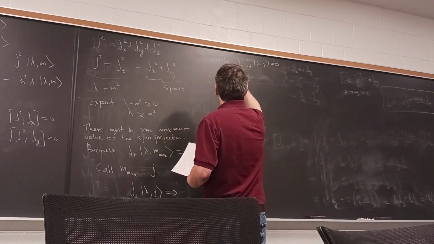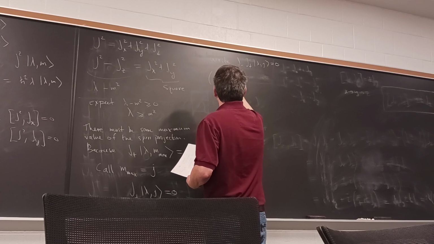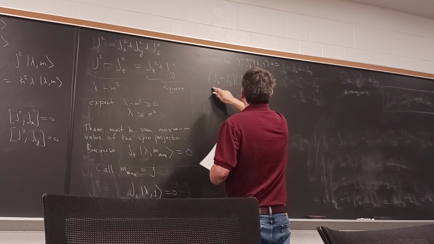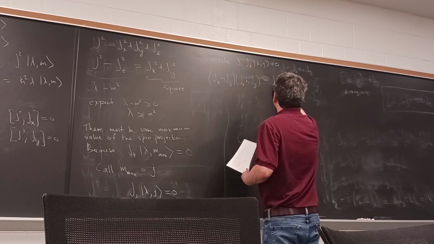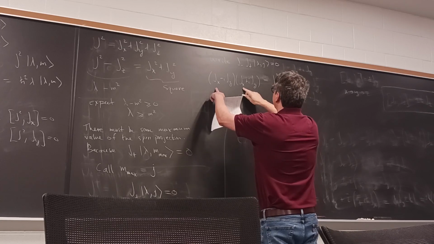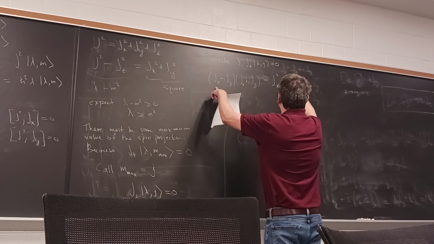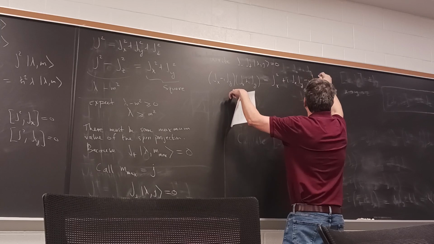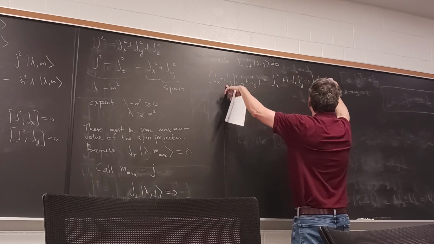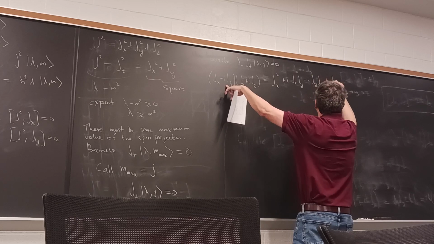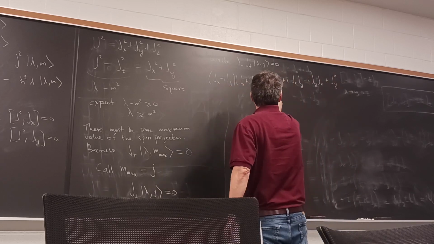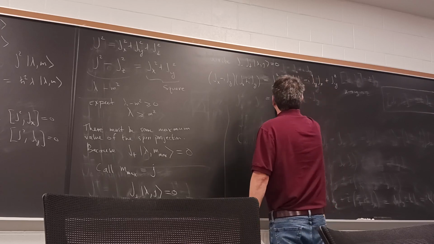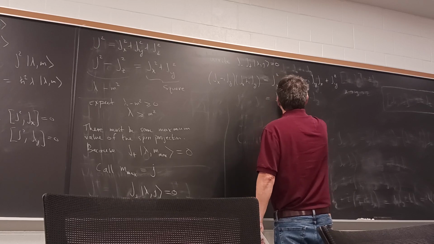But now we can actually multiply these out. So we'll have jx minus i jy, jx plus i jy. Let's just calculate what this operator is first. That's jx squared, and then plus i jx jy minus i jy jx, and then plus jy squared. So this is jx squared plus jy squared, that's just j squared minus jz squared.